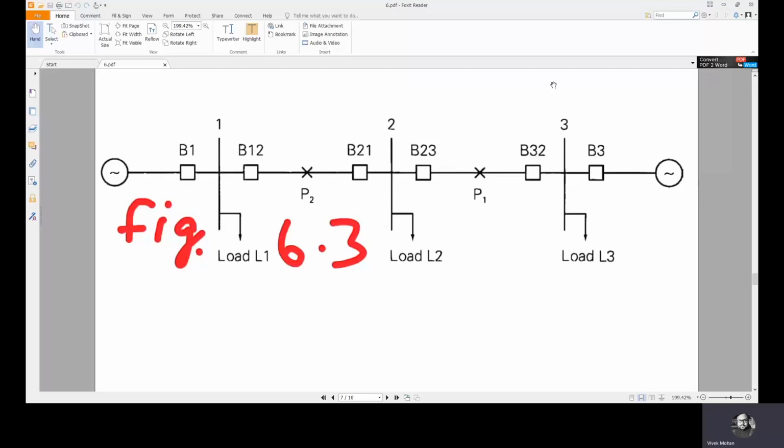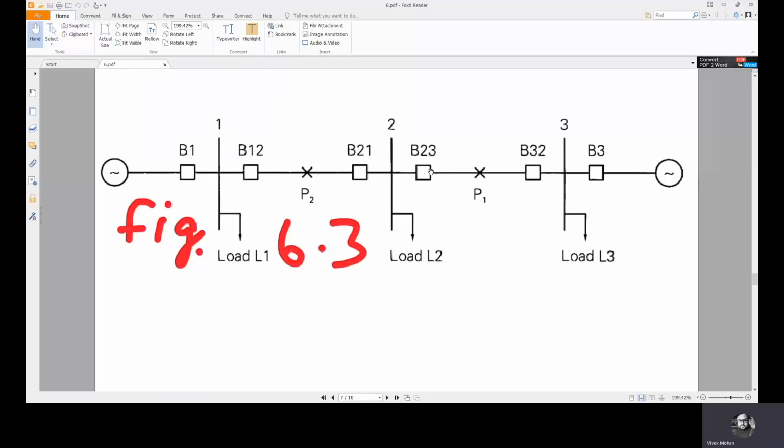Now, using time delay overcurrent relays, we would set B23, the breaker 23, faster than B21. Why? Because if we have a fault at P1, then we have the fault current from left to right through B23 and the same direction is followed for B21 also.